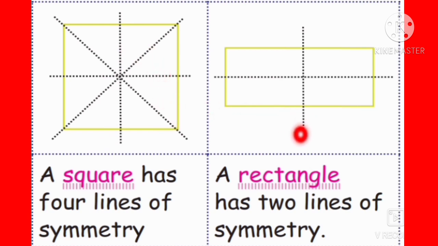In the second figure, the shape is called a rectangle. A rectangle has 2 lines of symmetry. The first is a perpendicular line of symmetry which makes the rectangle into 2 equal parts, and the second line of symmetry is a horizontal line which divides the rectangle into two equal parts.